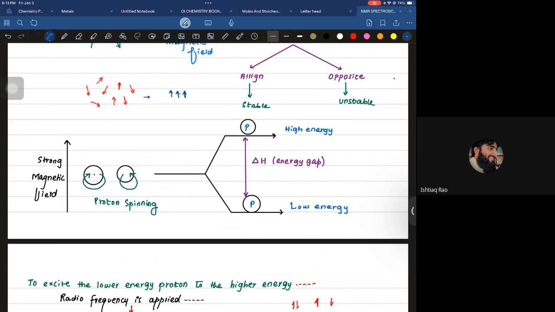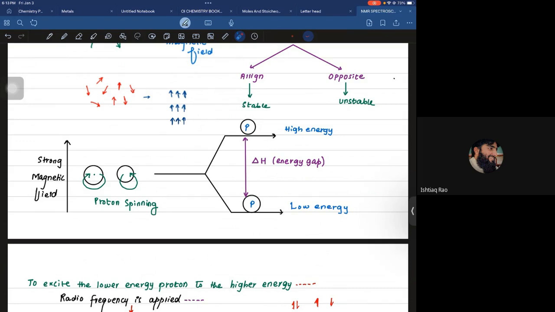So they have a lower energy right now. When they have a lower energy, I would then be providing the radio frequency.